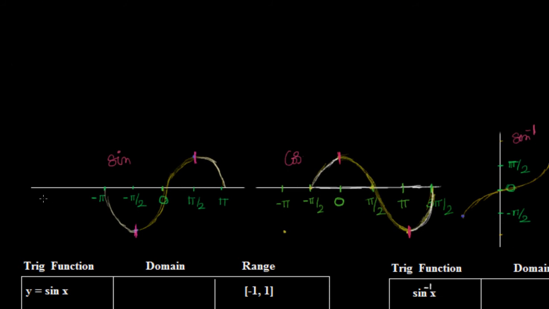This is the sine curve we have. If you remember, when we were dealing with the trigonometric equations, we said that minus pi by 2 to pi by 2 is one window of sine which we have taken to find out the principal solution. You can see that from minus pi by 2 to pi by 2, different values of x have different values of y.